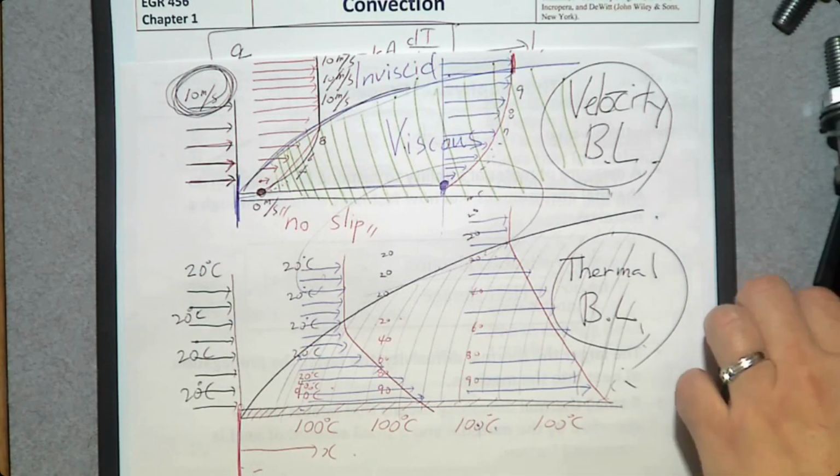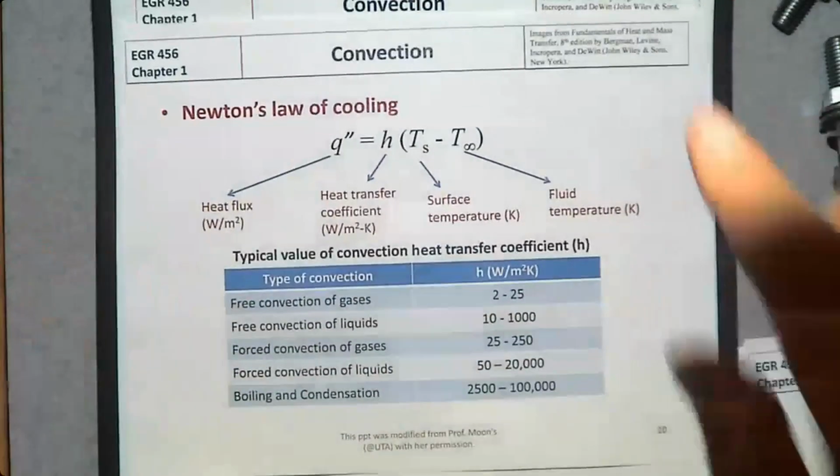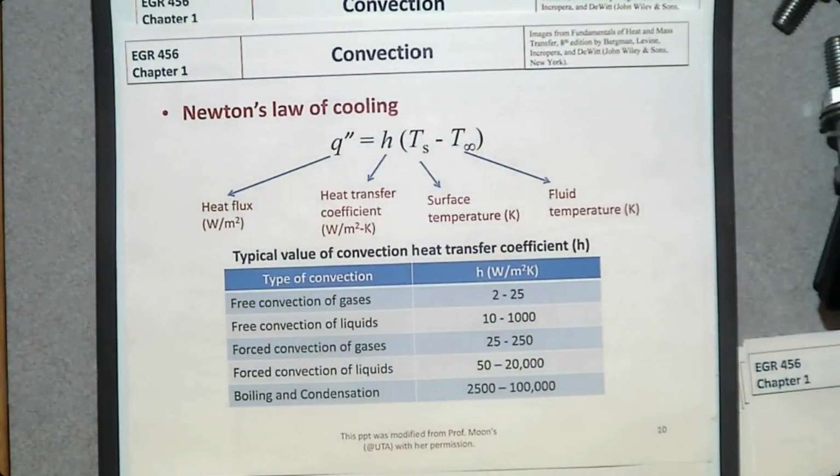Okay, and the main equation that we are going to use for convection is called Newton's law of cooling. So we have a rate of heat transfer or heat flux, that we are going to talk about later. By the way, heat flux is just the rate of heat transfer divided by surface area.